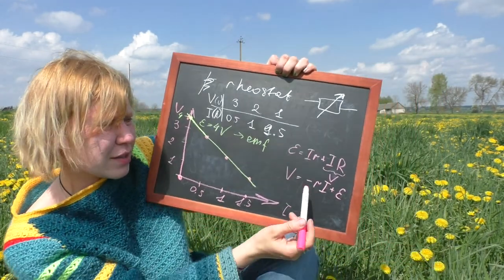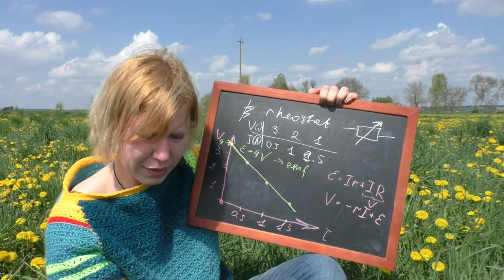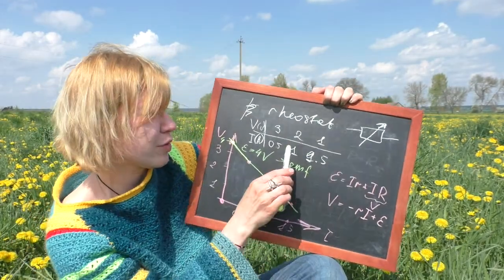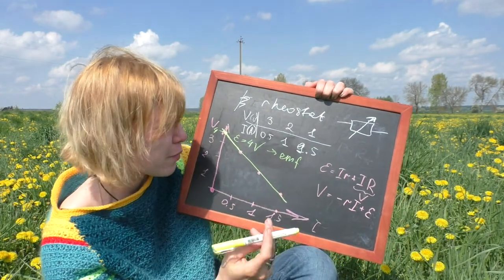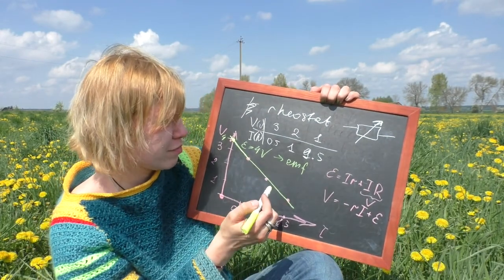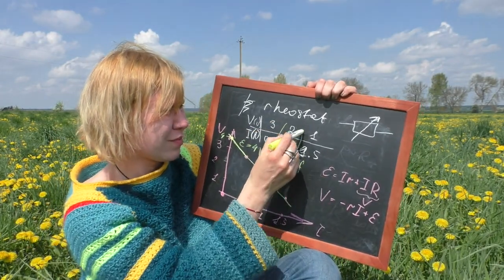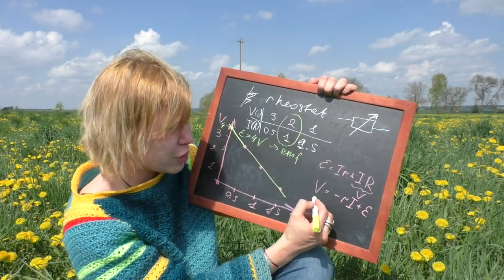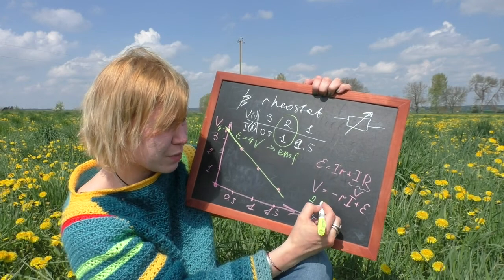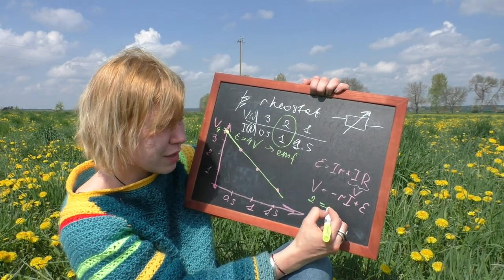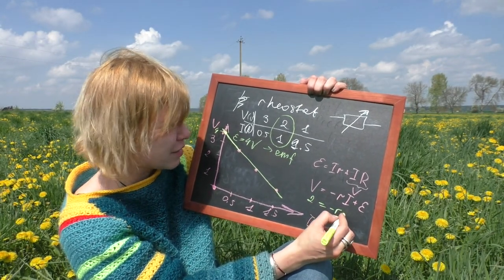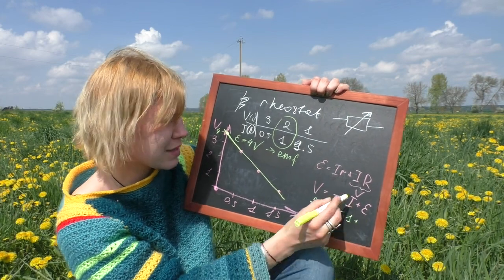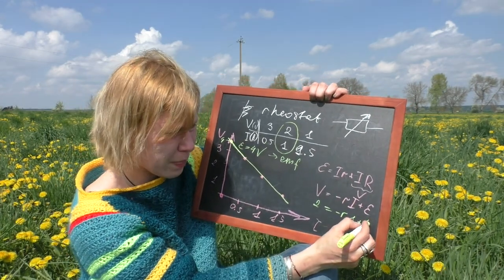And we can find r small. How can we do that? We can use the values of the table. For example, let's use the second pair, and we can put voltage as 2. We can put current 1, so minus r times 1 plus epsilon, which is 4.